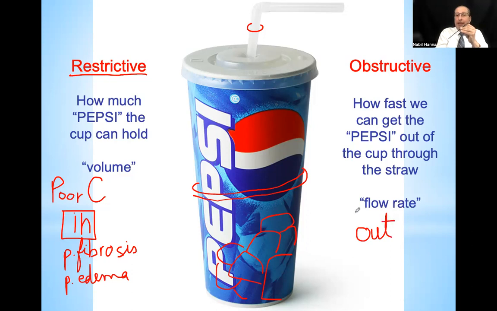So let's apply this to the lungs. Obstructive lung disease means there is air inside the lungs, but because of bronchoconstriction, the bronchi are narrowed. Here's another straw, the usual straw.